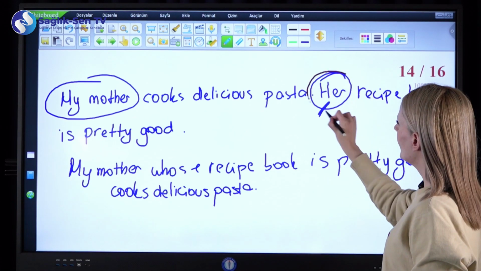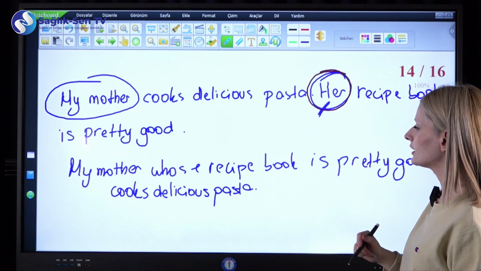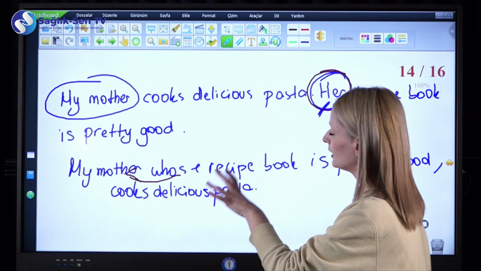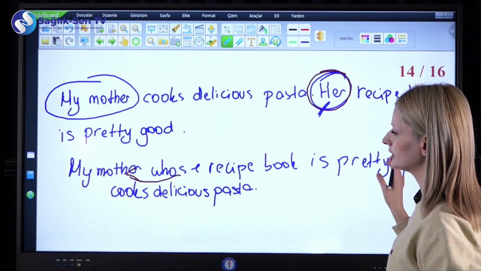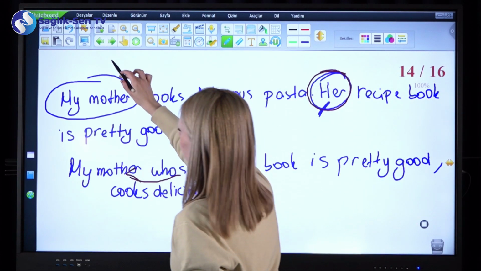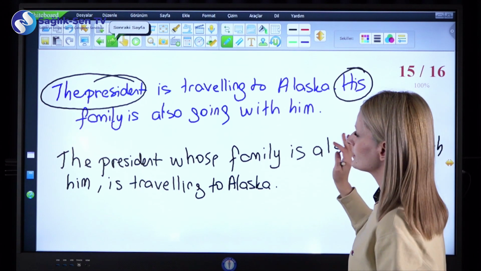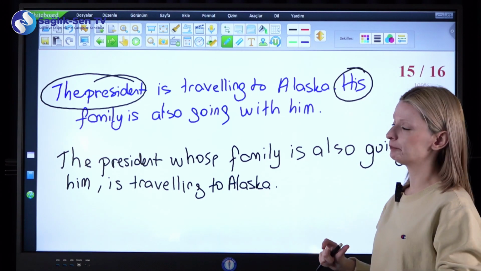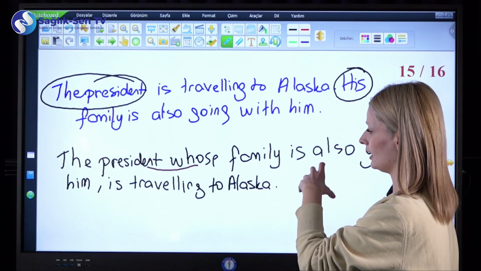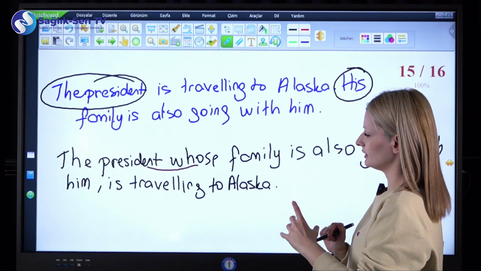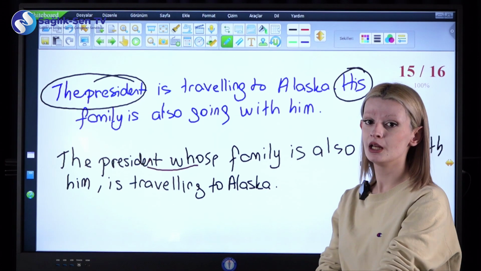Now I again have a possessive adjective. My mother, and then I put the correct relative pronoun. Recipe book is pretty good. Cooks delicious pasta. The president is traveling to Alaska. His family is also going with him. The president, right after I put whose, the relative pronoun, family is also going with him, is traveling to Alaska.